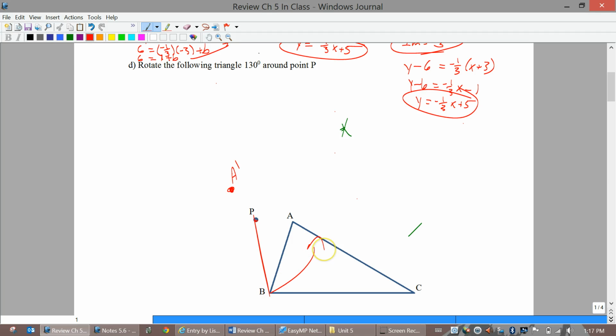B counterclockwise would be that way, so guess where the protractor goes? The hole on the protractor, the vertex spot, goes at P, and we put it right there, on that side of the line where the arrow is. 130. It's up there.